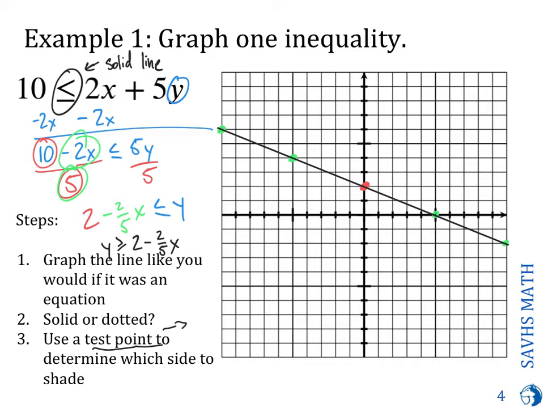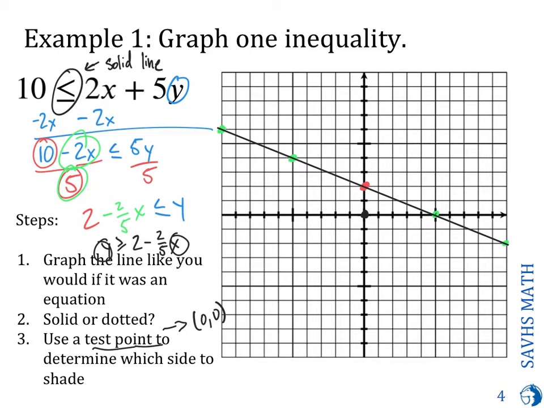My favorite test point is the point 0, 0, because it usually is not a point that goes through any of the lines, and it makes the calculation really easy. I'm just putting 0 for x and 0 for y. That's the other thing: I don't have to remember anything about what I'm doing. I'm just putting 0 in for the variables.